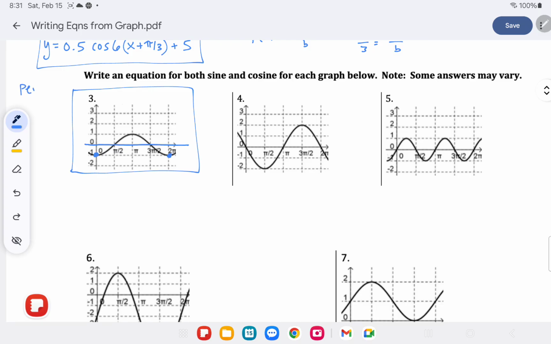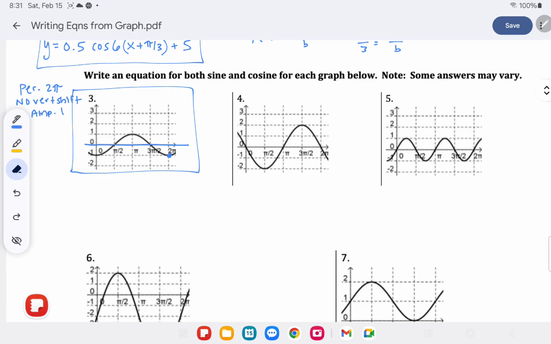So our period is 2 pi. There's no vertical shift because our midline is still the x-axis. Our amplitude is 1 because we're 1 away from our midline. We go up 1, that's our maximum, and we go down 1, negative 1 is our minimum.